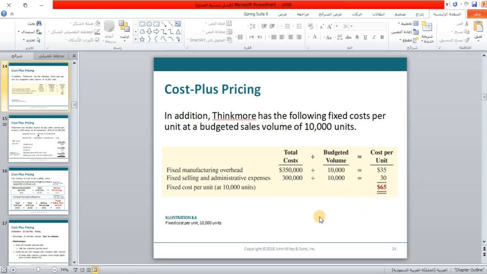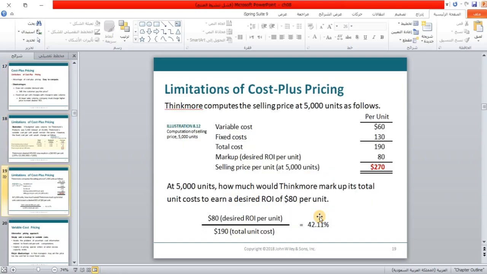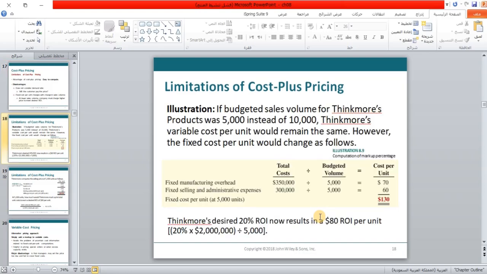But now, at a level of sales of only 5,000 units, the fixed cost per unit is too high, $130.